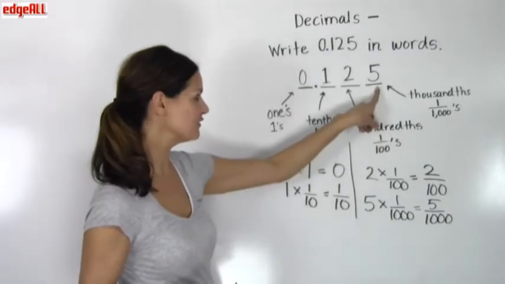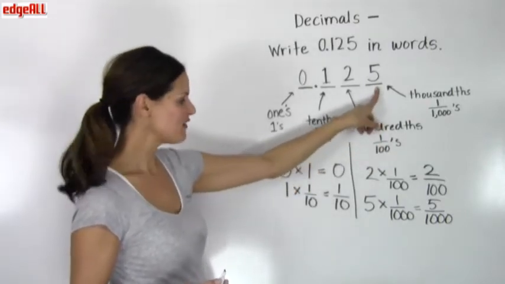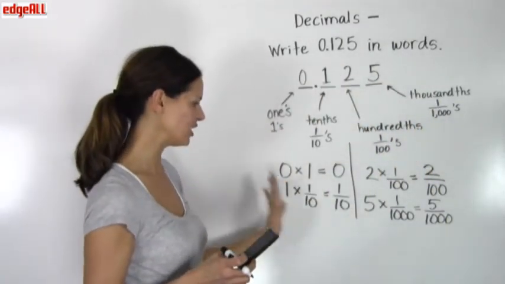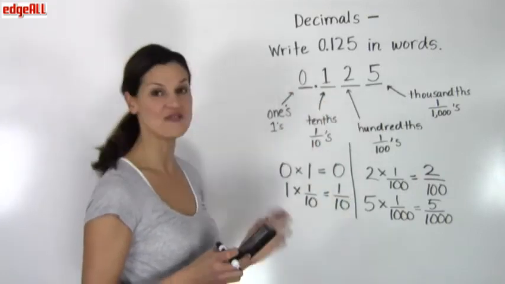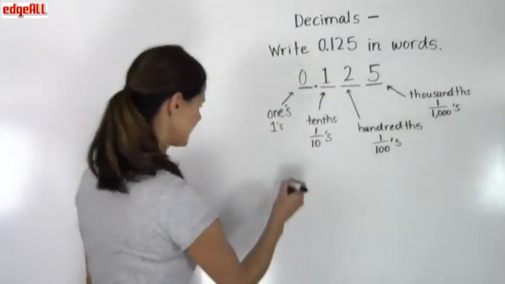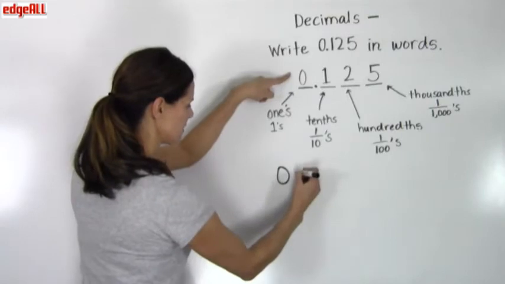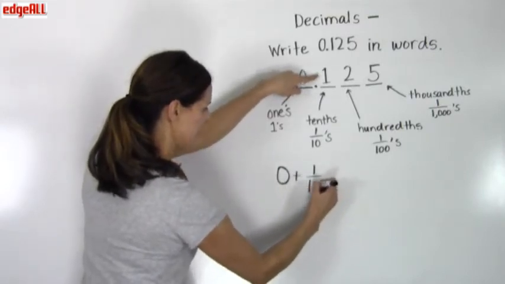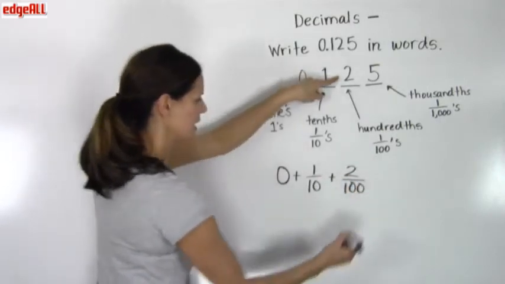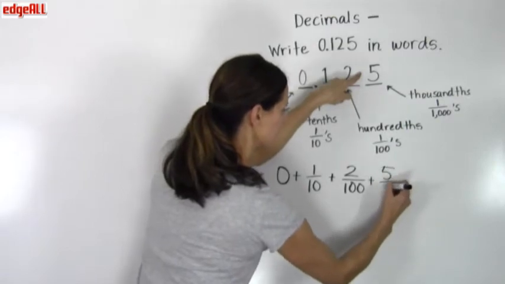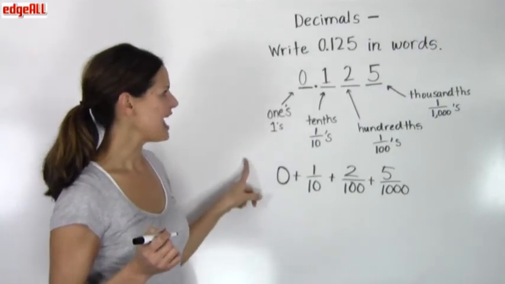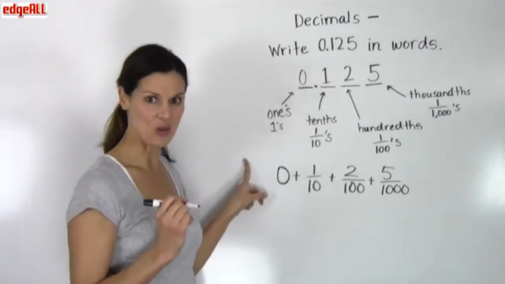If I put all these values together, I get 0 plus 1/10 plus 2/100ths plus 5/1000ths.